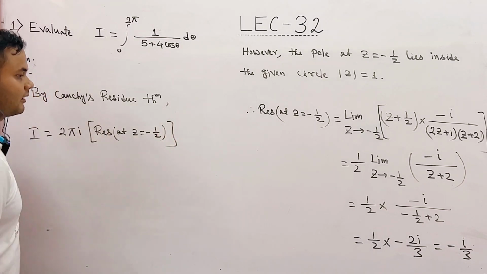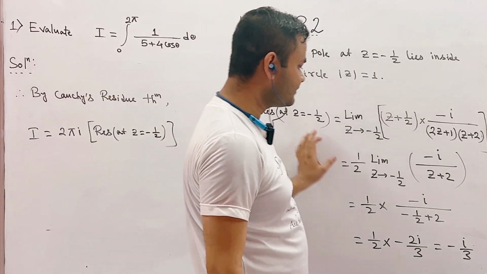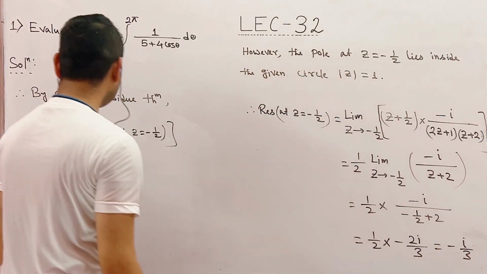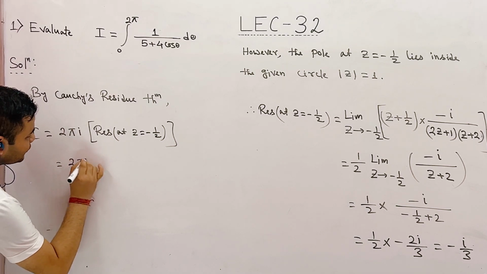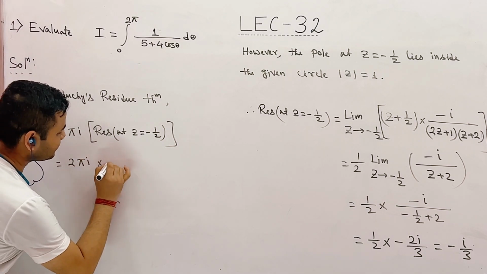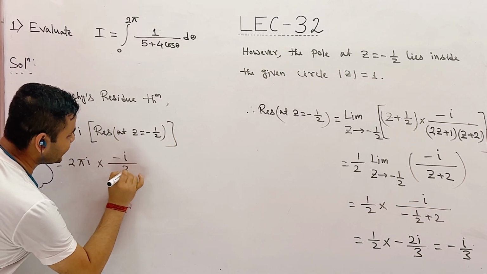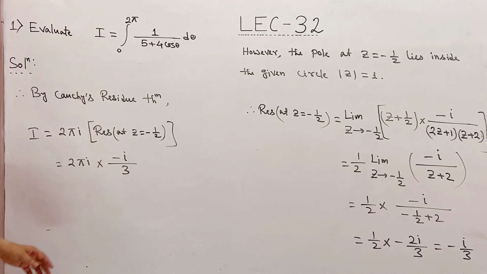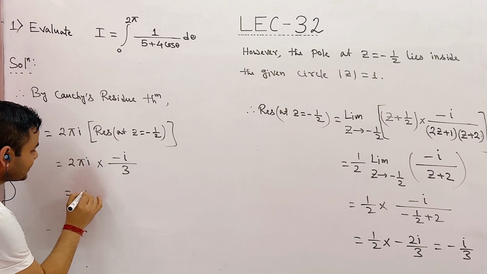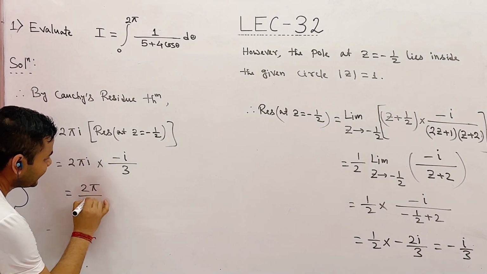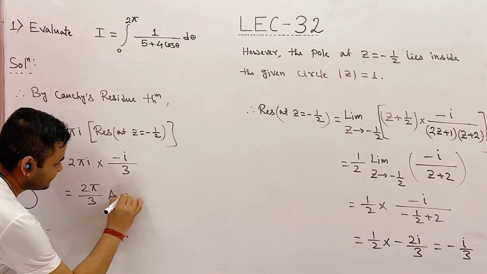We have seen that residue at z equal to minus half is minus i by 3. Let us substitute here. So, finally, we will get 2πi into minus i divided by 3. So, after simplifying, we will get the value of the integral as 2π divided by 3. So, this is the answer.